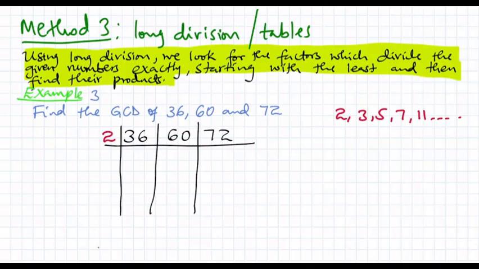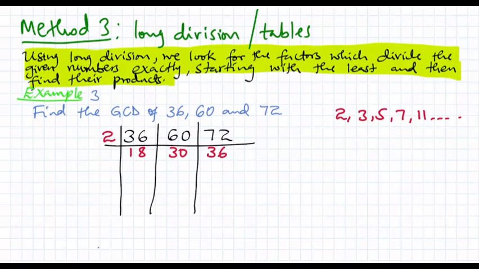If it doesn't divide exactly, we ignore. So all these numbers can be divided by 2: 36 gives 18, 60 divided by 2 gives 30, 72 divided by 2 gives 36.